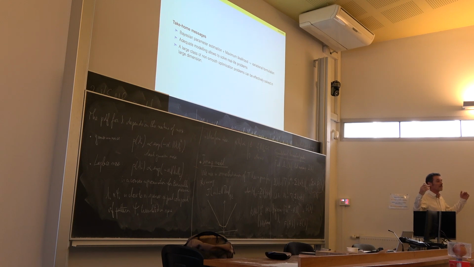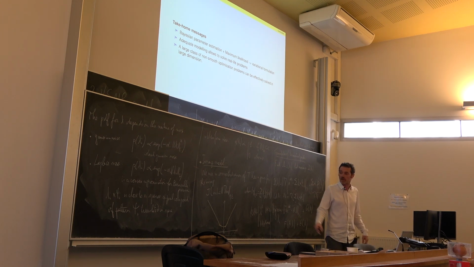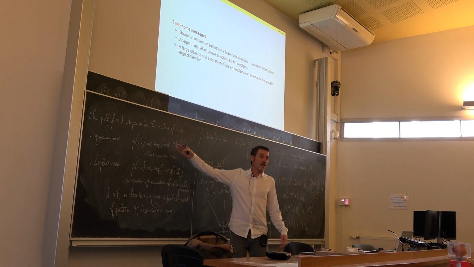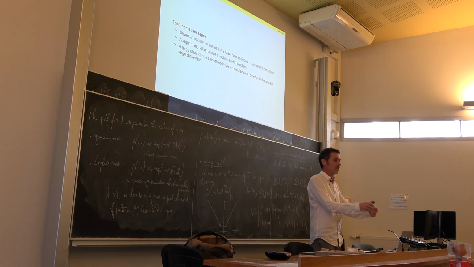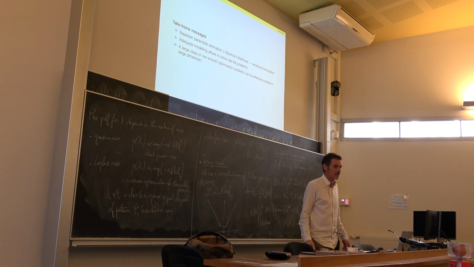So all your problems can be formulated as variational problems. After that, the way to solve the variational problem depends on what you have, either convex or something else. The second message is that adequate modeling allows you to solve real life problems, because here I gave you the answer for the noise model, but to think about and try a lot of different things takes a lot of time.